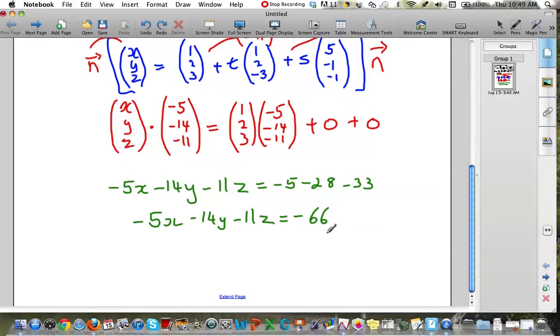And what we've obtained here is the Cartesian form of the equation of our plane. As you can see, it's a much simpler form of the equation to work with.